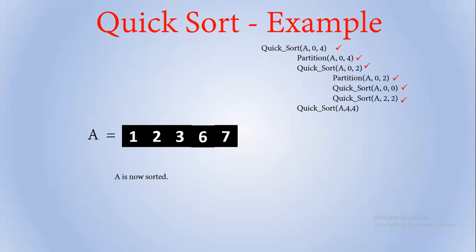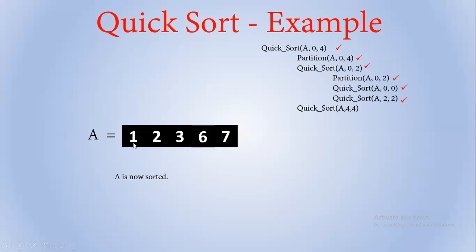I hope you have understood the algorithm. To understand the algorithm, you should understand the partition algorithm: how this partition takes place, how the pivot is chosen. I explained that the pivot is the last element, then j will be the one before that index, and i will be this one.